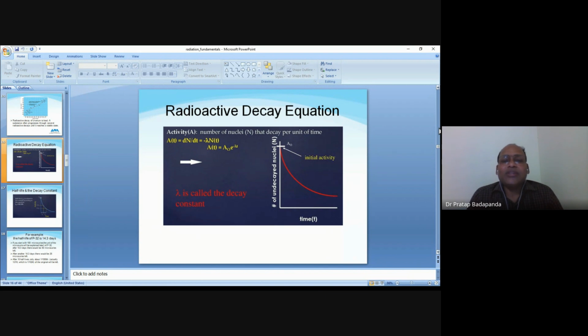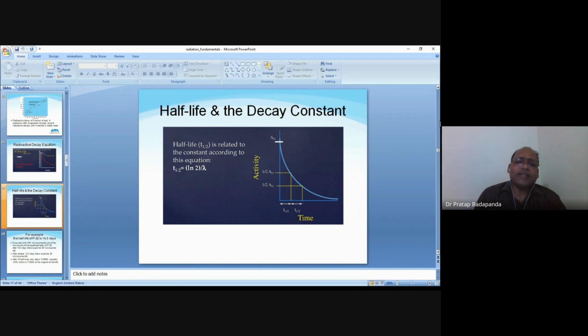So A is equal to dN by dt, which we discussed yesterday, equal to minus lambda N. And A_t is equal to A_0 e to the power minus lambda t. This is the radioactive equation. I'll show you in the video also.